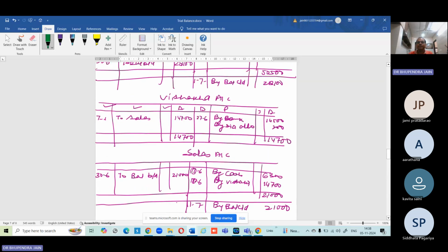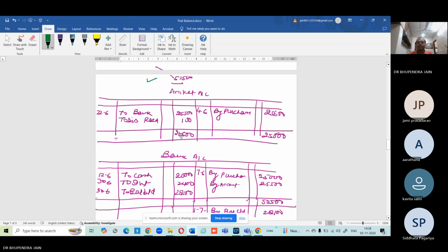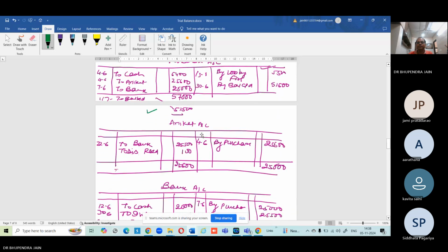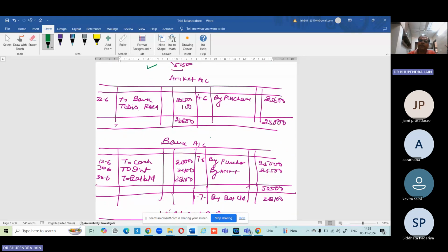After purchase, the Aniket account has no balance. We have already paid the total amount to Aniket and settled the account. So no need to transfer the balance because no balance is there.